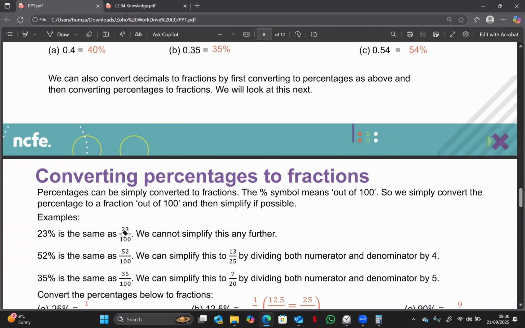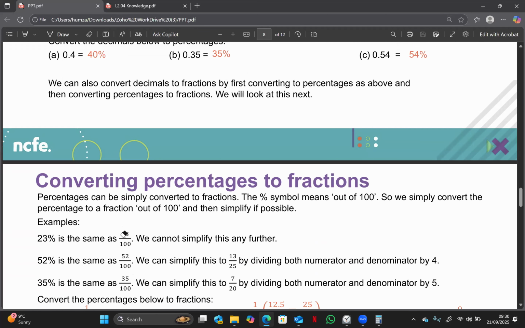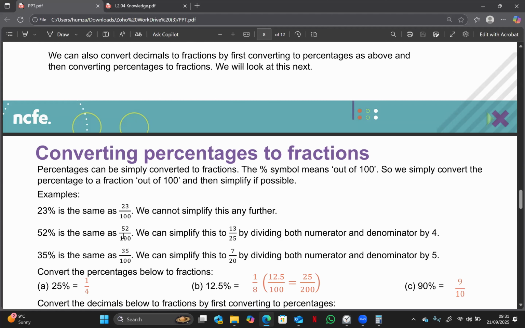For example, 23% is the same as 23 over 100. We cannot simplify this further. 52% is the same as 52 over 100. We can simplify this to 13 over 25 by dividing both the top number and the bottom number by 4. 35% is the same as 35 over 100, and we can simplify this to 7 over 20 by dividing both the top number and the bottom number by 5.